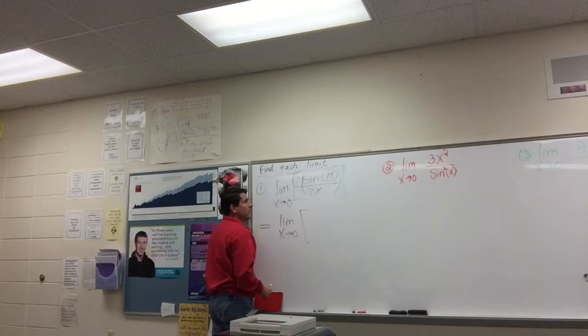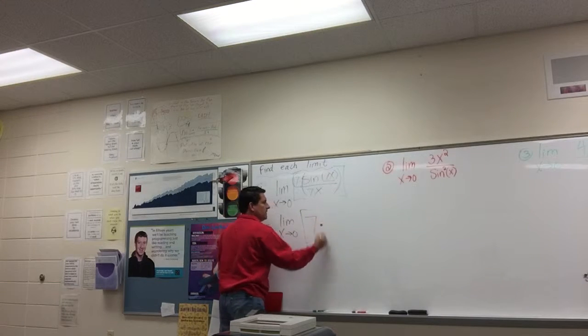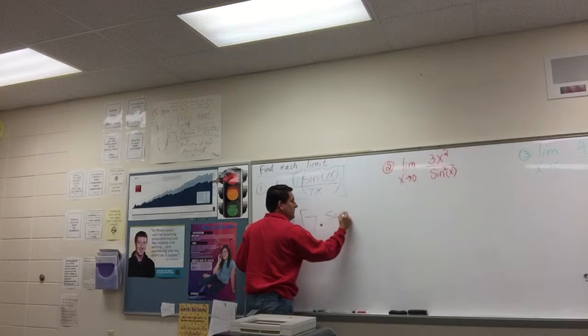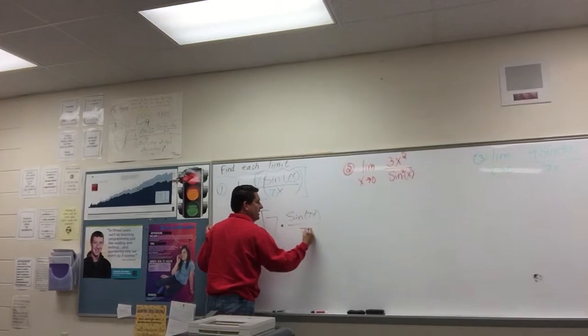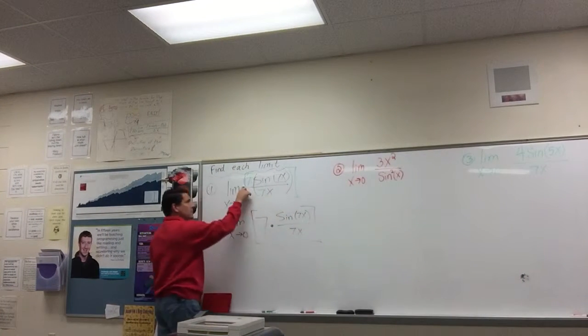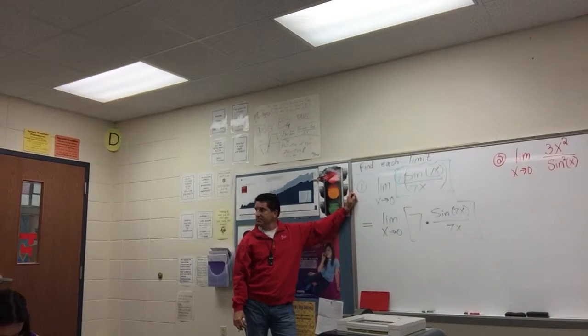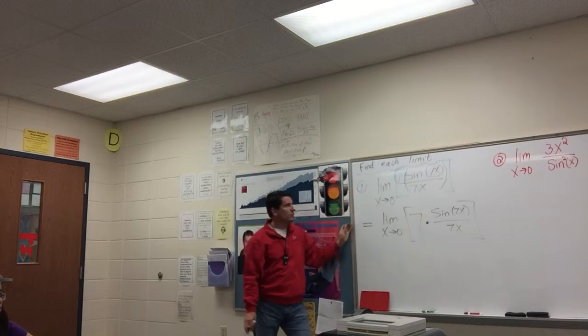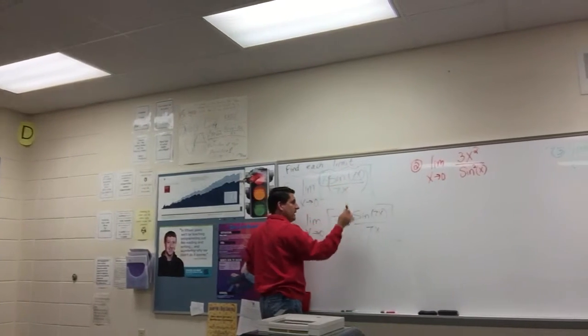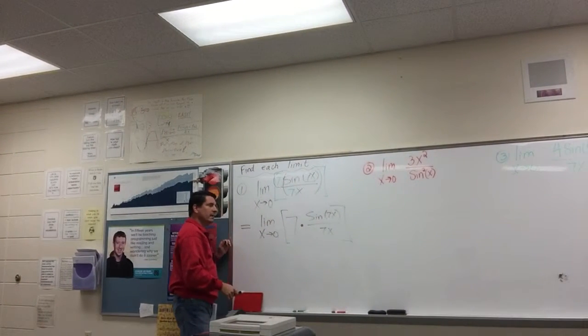Now look at what I'm going to do here: 7 times the sine of 7x over 7x. This I'm rewriting now as this. You see that?